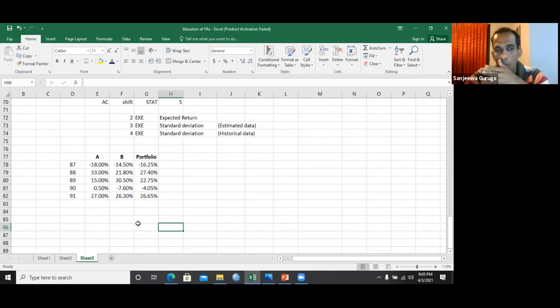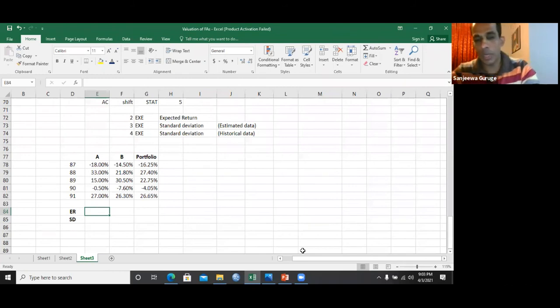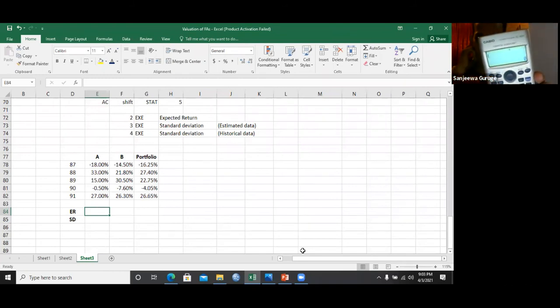Now we have to calculate the expected return and standard deviation for these two stocks and for the portfolio. We know the calculation of expected return is simple. Now, using the financial calculator, let's do this.